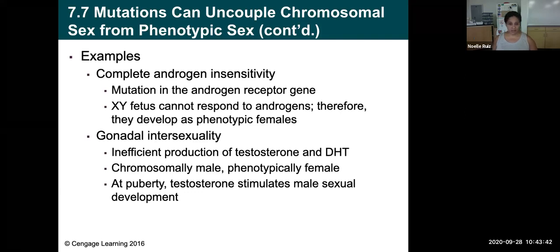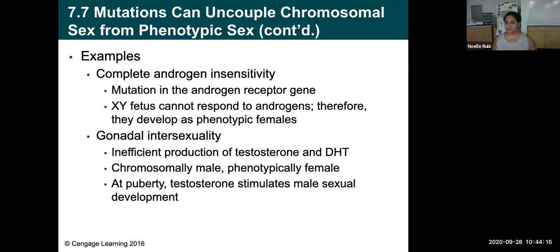Gonadal intersexuality. Inefficient production of testosterone and DHT. They don't produce enough. They don't produce the standard amount. All of our hormones inside of our bodies have a certain amount to be normal. And when the hormones are off, a lot of things could happen. Bipolar is a hormonal disorder. One hormone is off, not enough is produced, or maybe too much is produced.